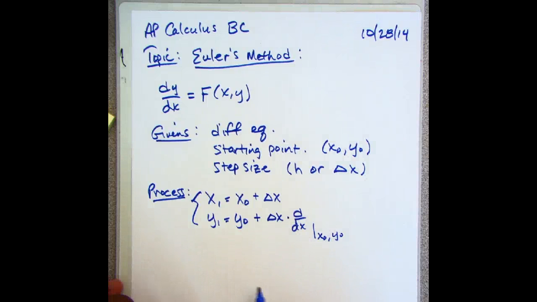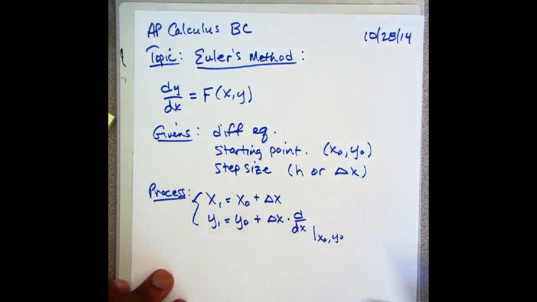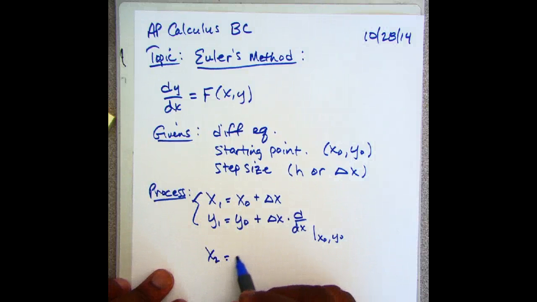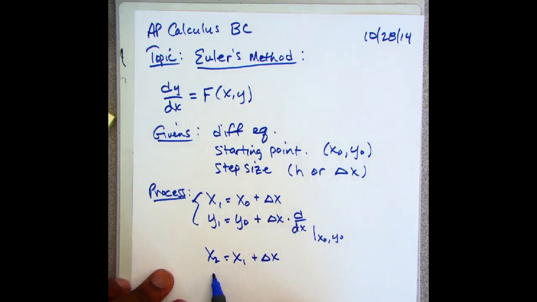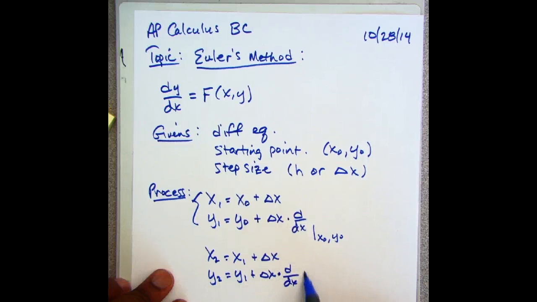So then to generate the next step, or the next values in this step process, x sub 2 would be x sub 1 plus delta x. Y sub 2 would be y sub 1 plus delta x times the derivative. This time it's going to be evaluated at x sub 1, y sub 1.